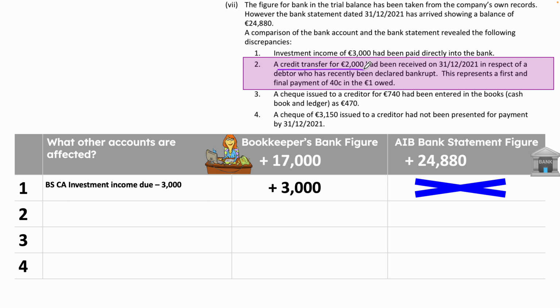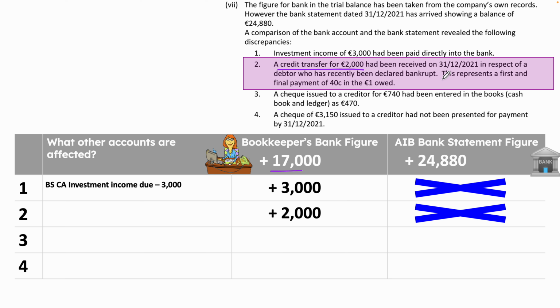So it has been moved from somebody's account into the business's bank account. And hopefully you'd know that the bank would be the first to know. Maybe the bookkeeper just hasn't checked the banking online to see that it has been received. 2,000 have been received, so we're adding it to the positive 17,000 figure.